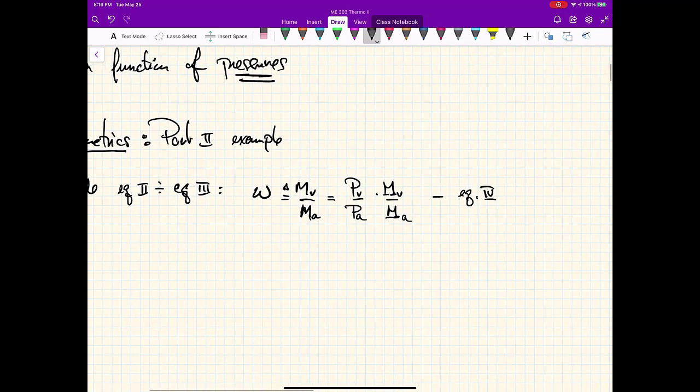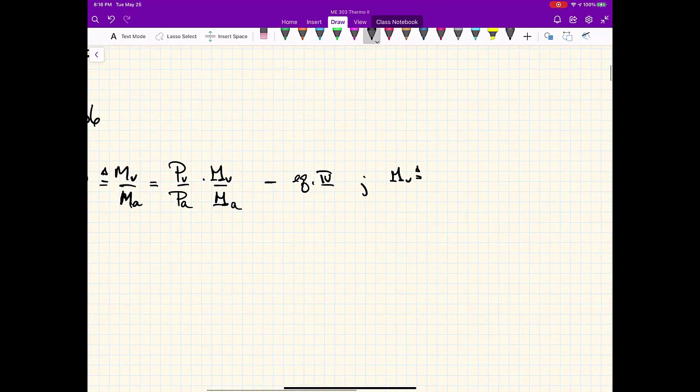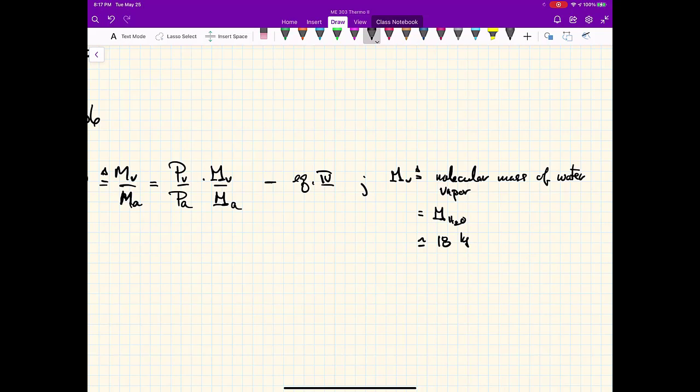The molecular mass of water vapor is simply the molecular mass of H2O, and H, if you recall, has a molecular mass of approximately 1 kilogram per kmol, whereas atomic oxygen is 16 kilograms per kmol. So all that gives us about 18 kilograms per kmol.